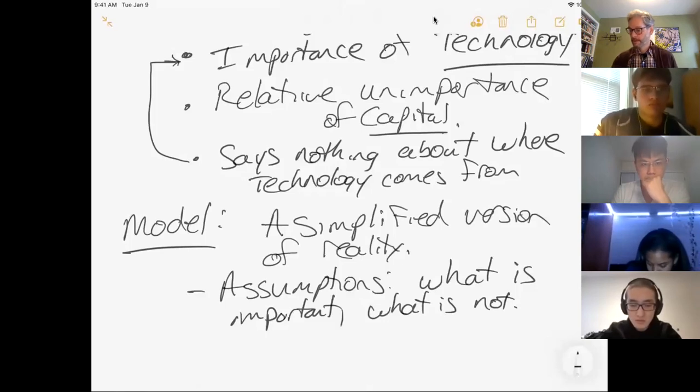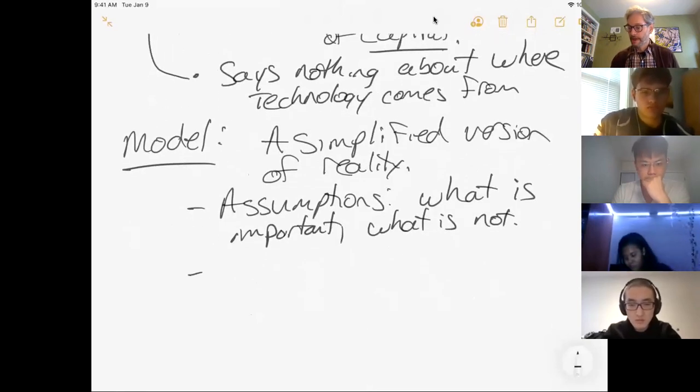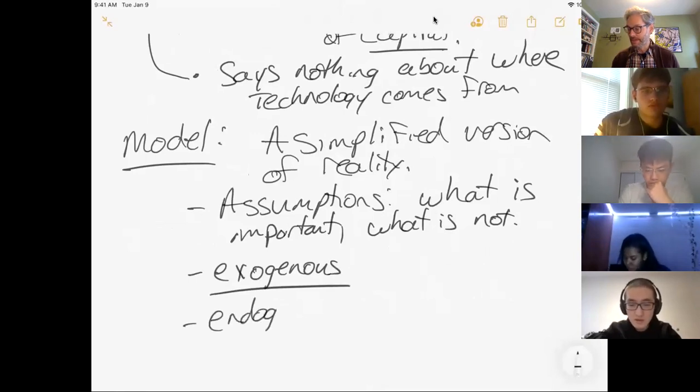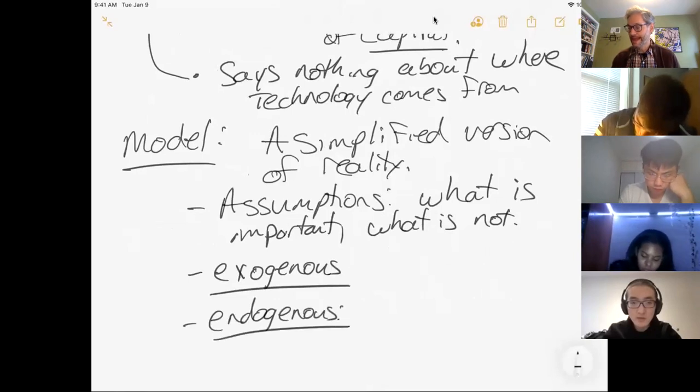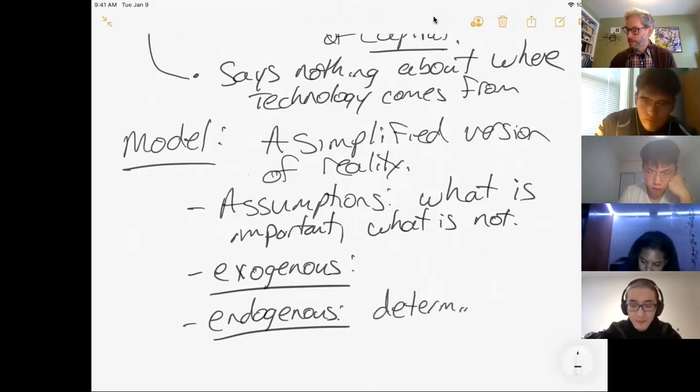Models inevitably have to break everything into what's exogenous and what's endogenous, because that's the way they determine what's important and what's not important. Endogenous means determined within the model.